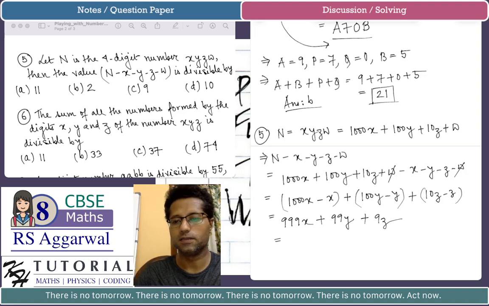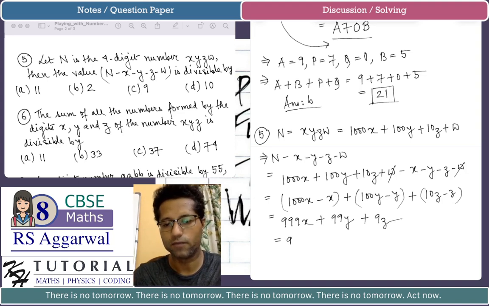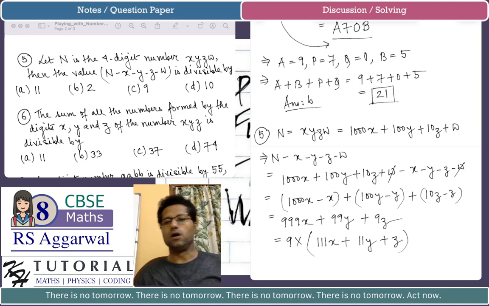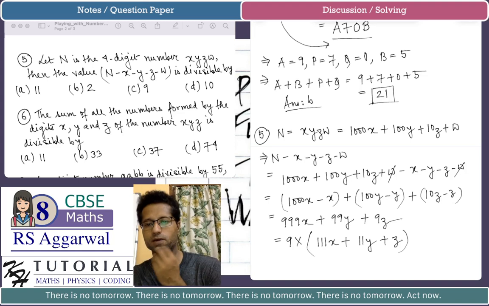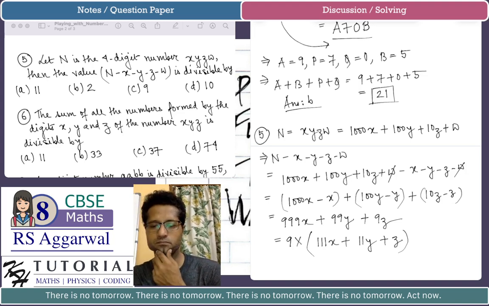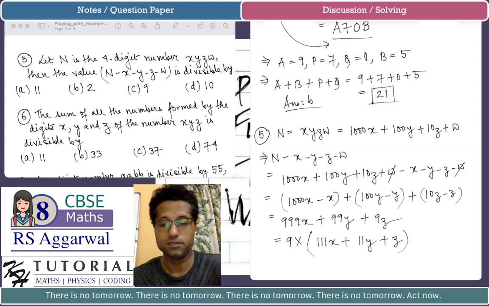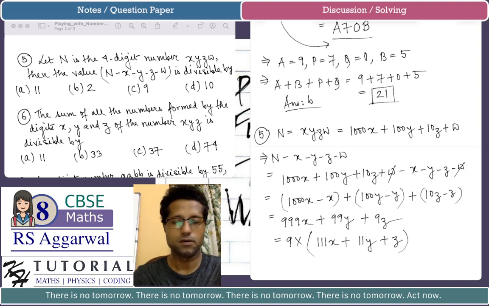So clearly we can take 9 as a common factor, and this becomes 9 times 111x plus 11y plus z. Now we do not know the value of 111x plus 11y plus z, but we can definitely say that n minus x minus y minus z minus w will be divisible by 9. So the correct choice should be C.